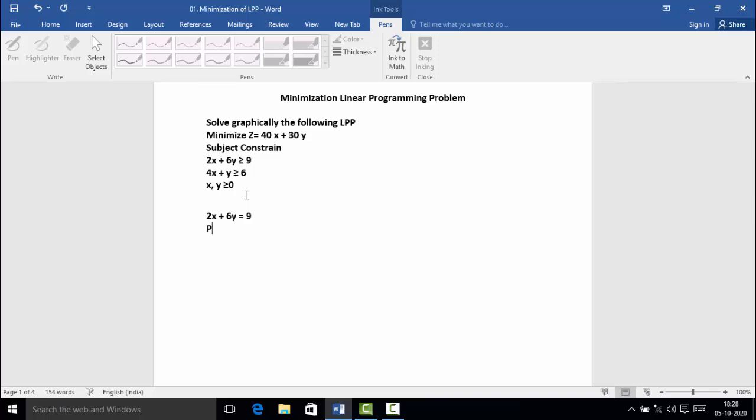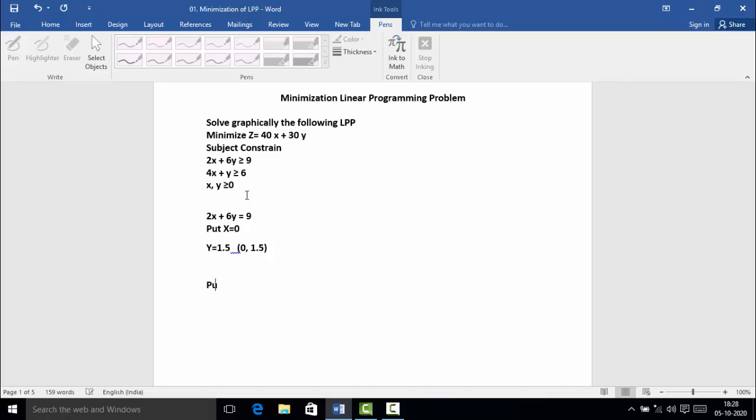Now for the first point, put x equal to 0 in this equation. Then 6y is equal to 9 and y is equal to 9 by 6, which is 1.5. Therefore our first point from this equation is (0, 1.5).